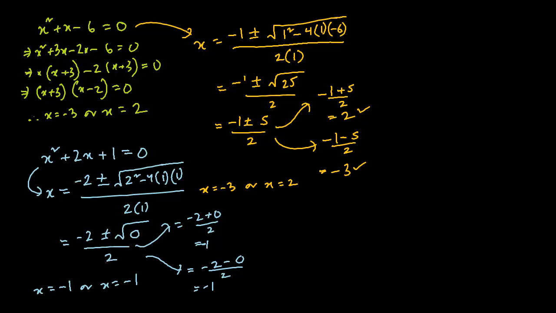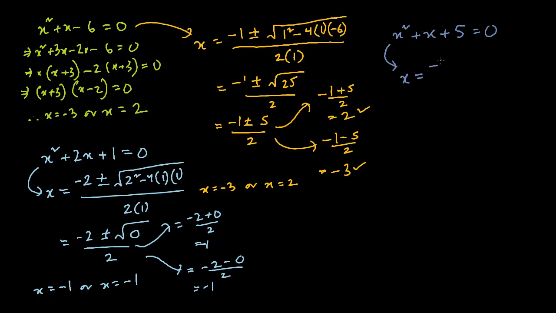Now let me show you a third example. In the third example, look how we cannot find any root. So this one is x squared plus x plus 5 equals 0. So when we solve this directly, we get x as the root equals minus b.